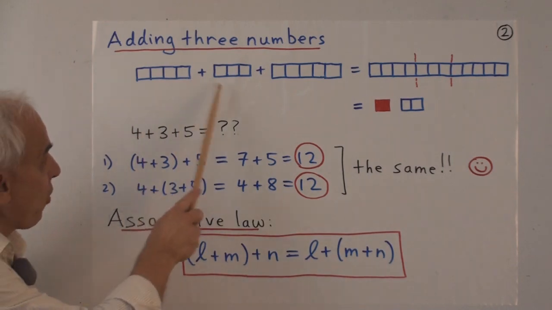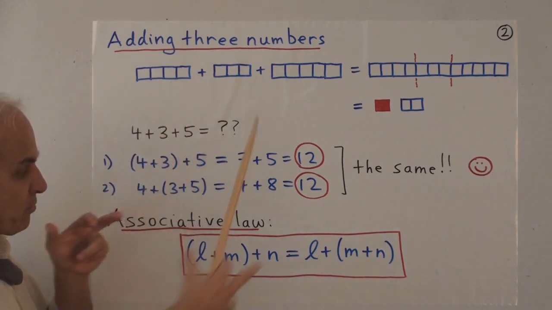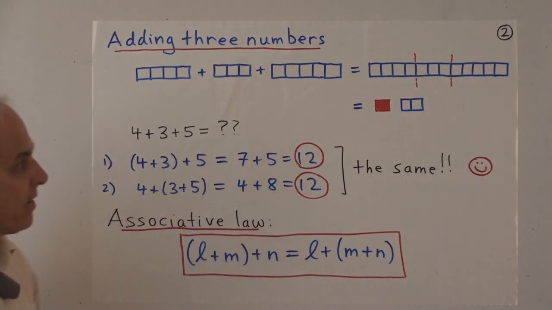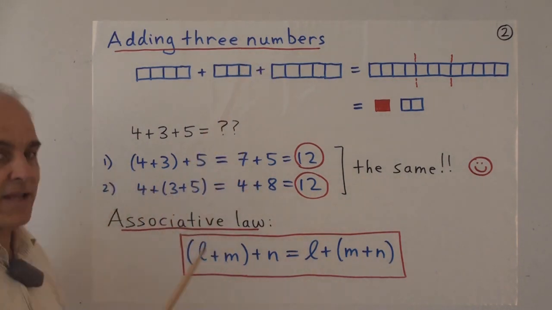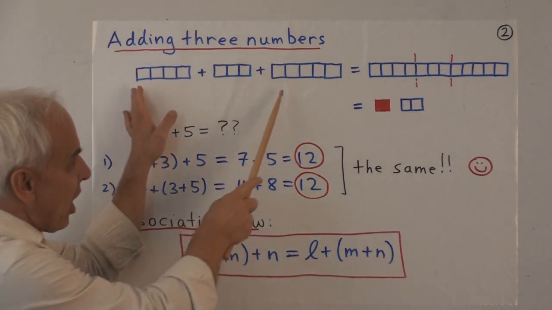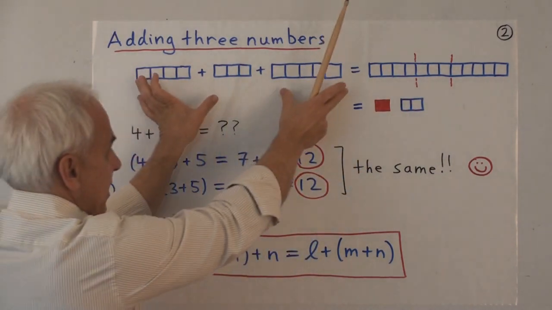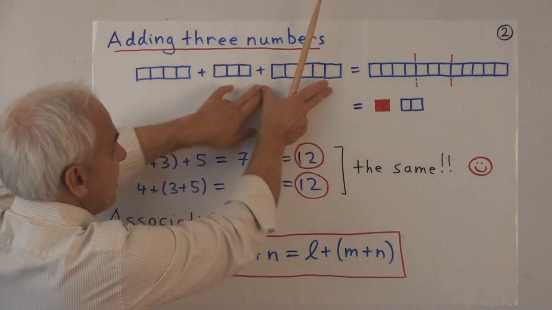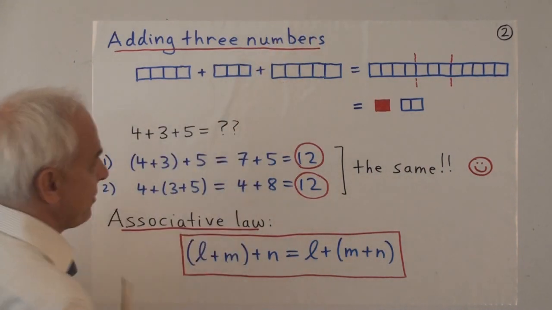Geometrically, if we had this number 4 and this number 3 and this number 5 and we're adding them, then in terms of the rectangles, we're just pushing these three rectangles together to form a longer rectangle. But officially, we actually only add two rectangles at a time. So there's in fact two ways of accomplishing this, by first shoving those two rectangles together and then combining that with the third, or first moving these two rectangles together and then combining that with the first one.